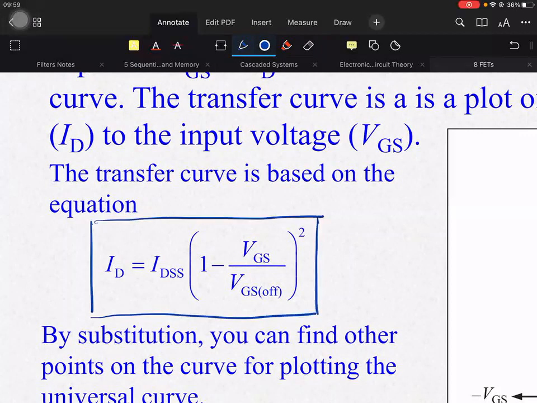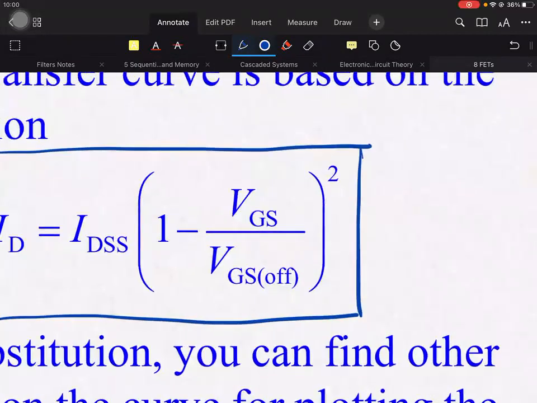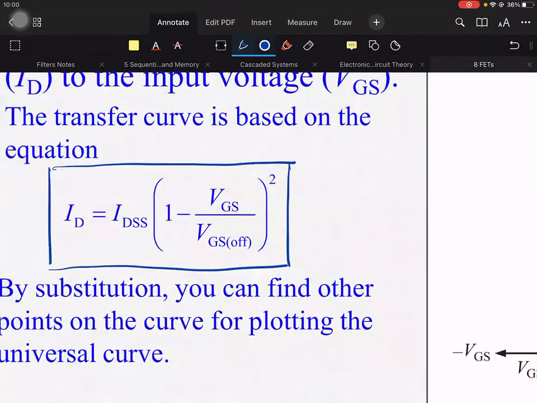So ID could not be readily obtained using the circuit alone. So we need to solve for it. So ID is equal to IDSS quantity 1 minus VGS over VP squared. So kaning VGS of this is equivalent to VP.